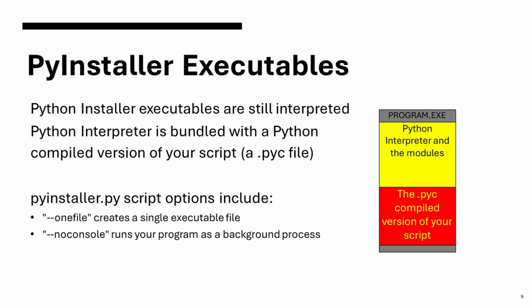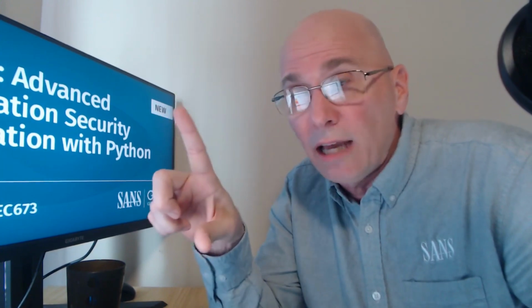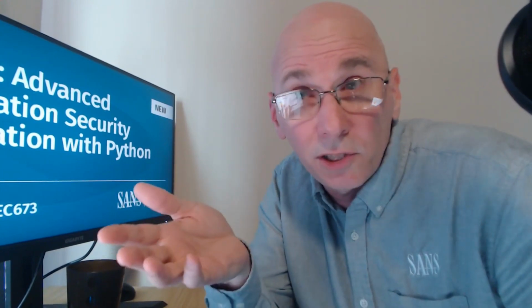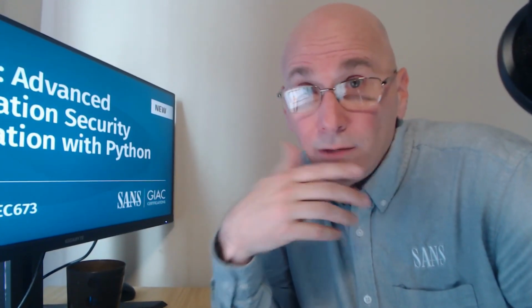It's got a --onefile option. If you pass the --onefile option, it builds the exe such as you see here. It's also got a --noconsole option, and if you build with that, it allows your program to run invisibly in the background, which is ideal for things like Windows services and the kind of backdoors that we talk about building in 573.